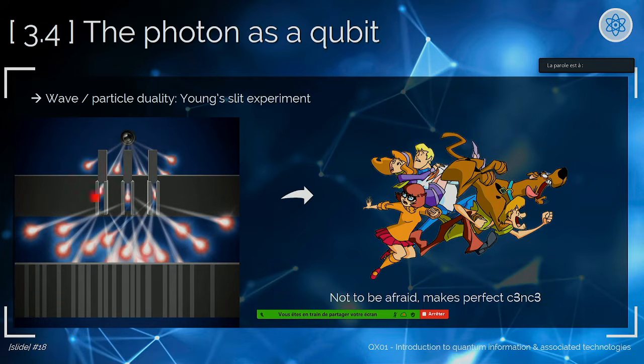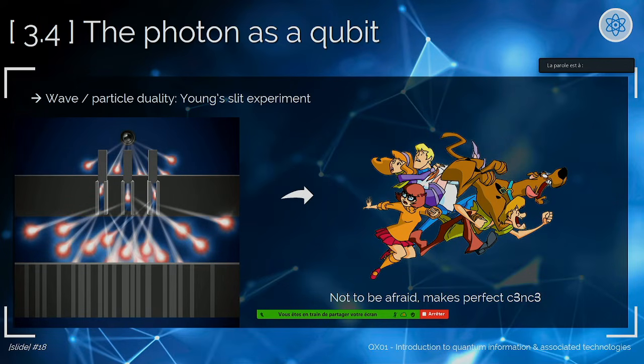And you may have known the so-called Young's slit experiment, where you send a beam of light through slits. So in this case, there are 3 slits. And what you end up with is some interference between the waves. So that perfectly explains wave physics.